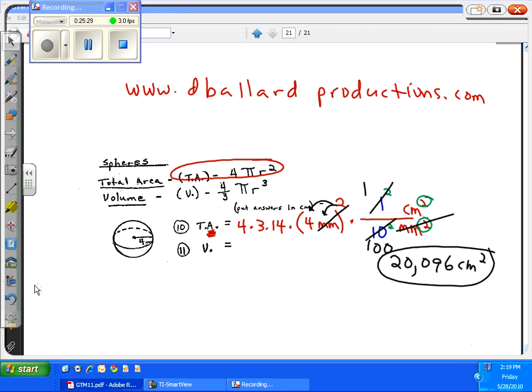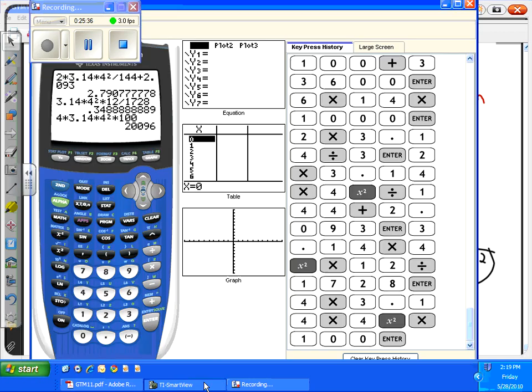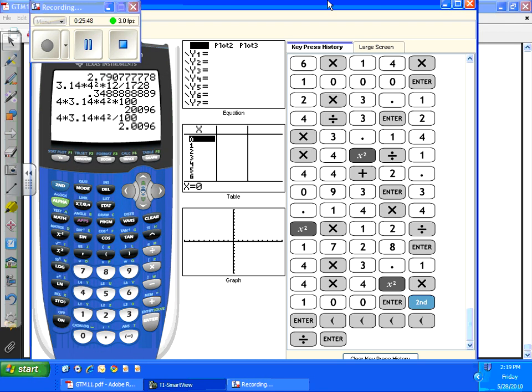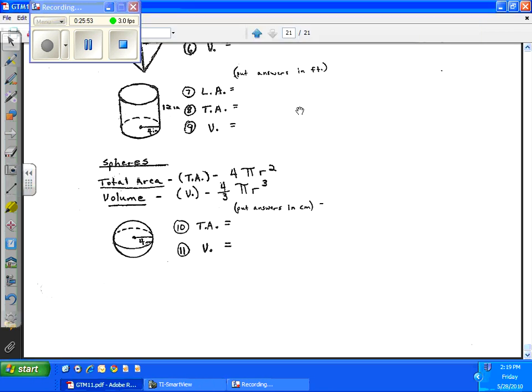I must have hit times 100 instead of divide. I'm doing good on the very last problem. Well, it just shows I'm still human. Let's pull that up. I went times 100 instead of divide. Good to have some idea what the answer is going to be before you start. 2.0096.